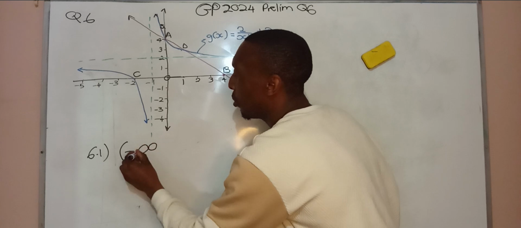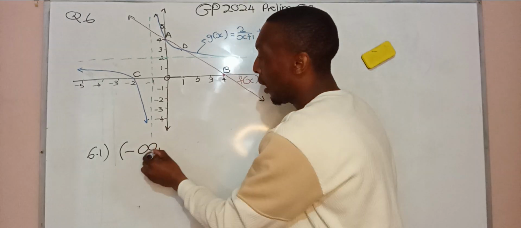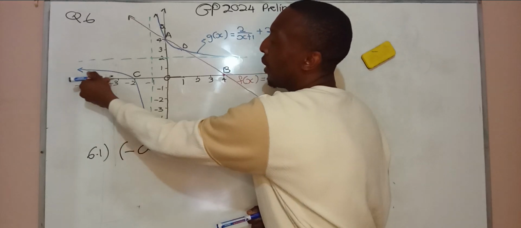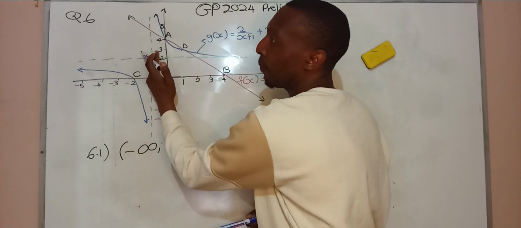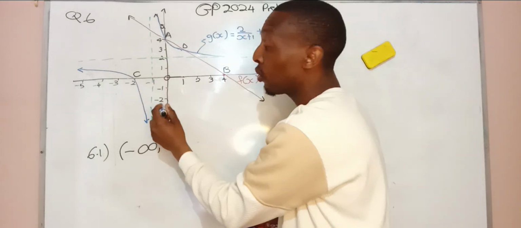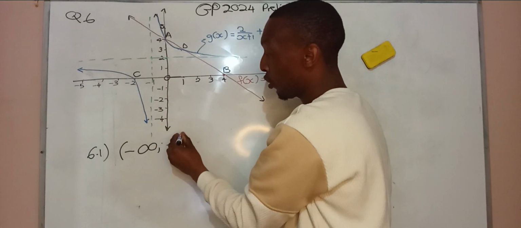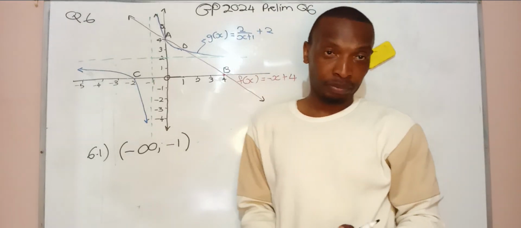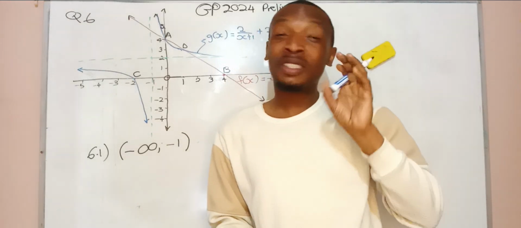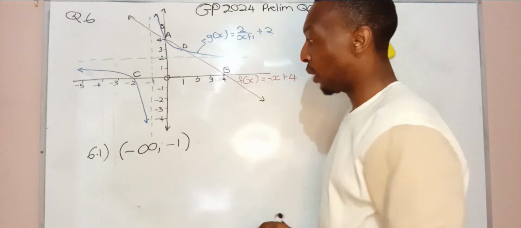It's always a round bracket. I'm going to do it in interval notation first. So it comes this way, but it is stopped by this line here. So it goes from negative infinity to negative 1, anything less than negative 1, hence the round bracket, because we are not including negative 1. The graph is not defined at negative 1.